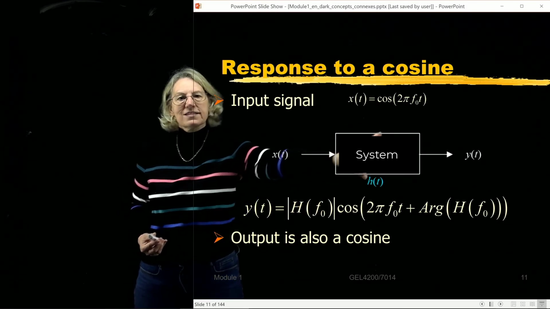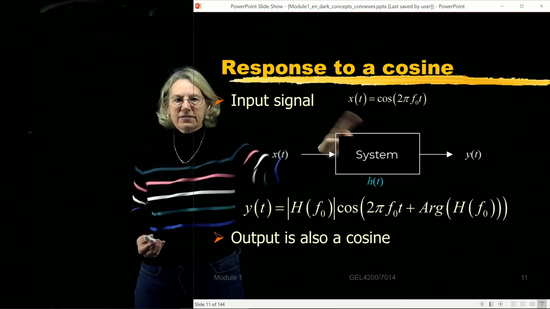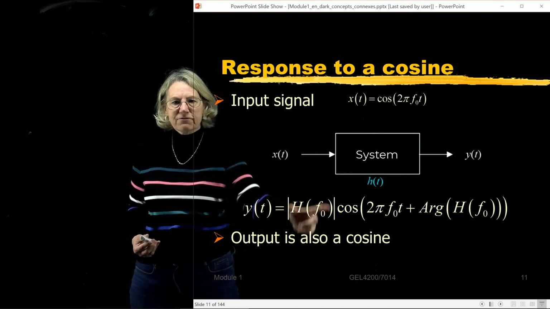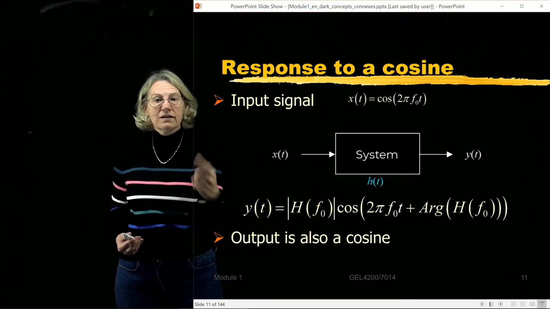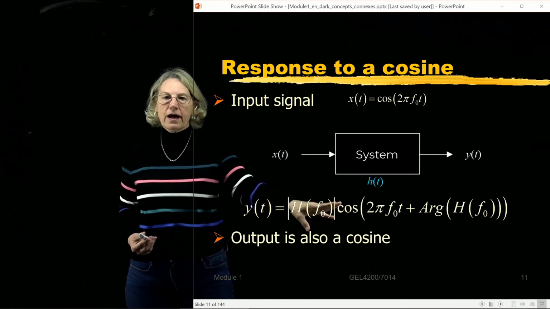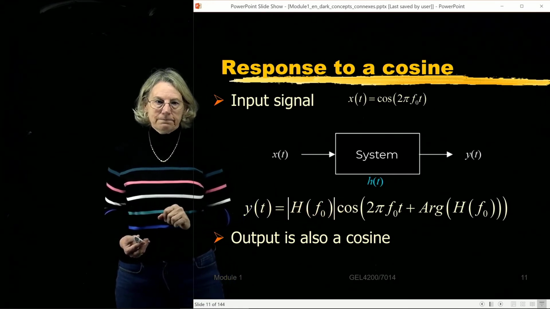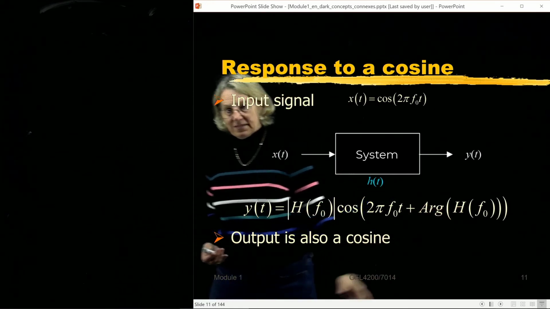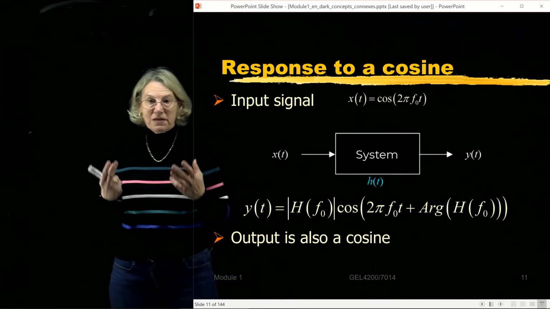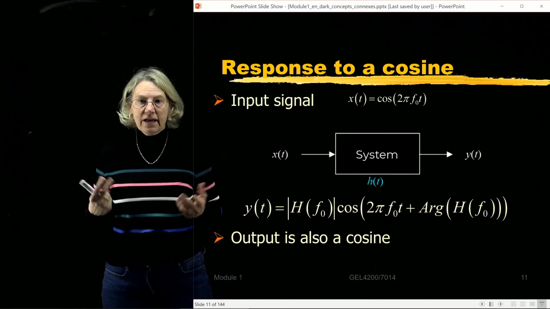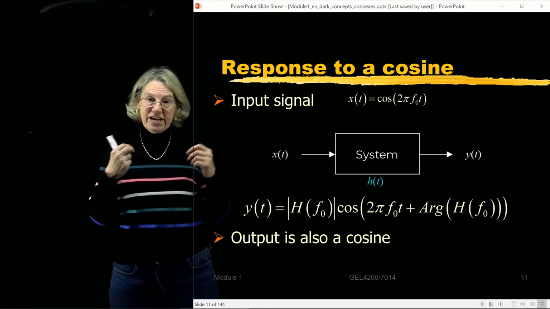So if I look at the system described by this impulse response and the corresponding frequency response, I take the frequency response at one frequency, that amplitude is going to multiply that cosine at the output. And also if I take the argument, because this frequency response can be complex, it's going to change the phase.